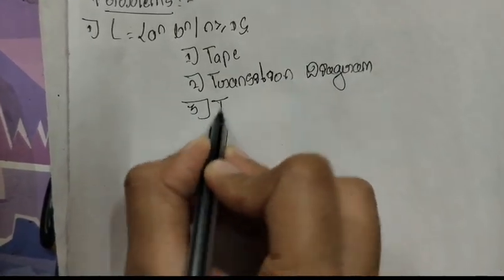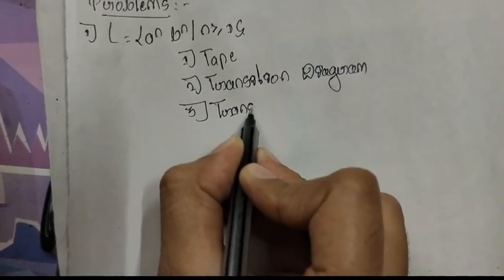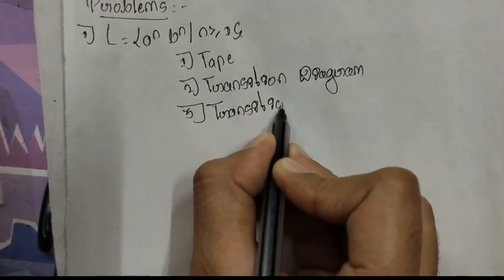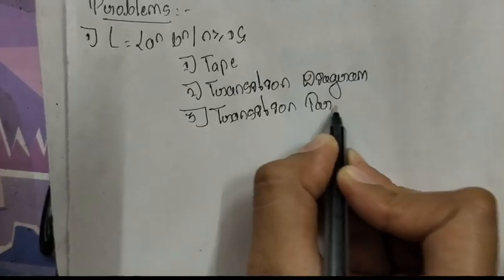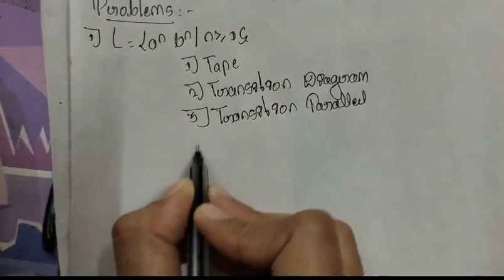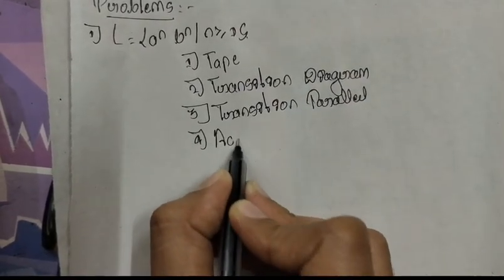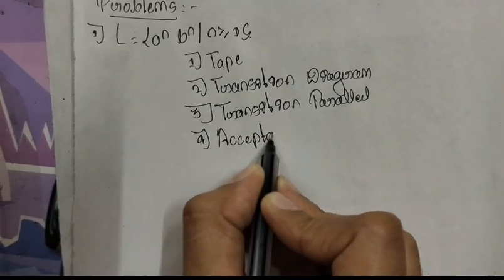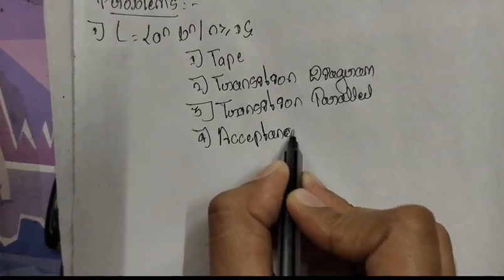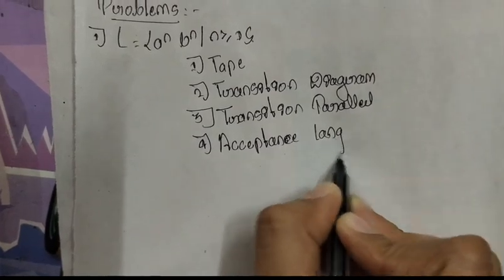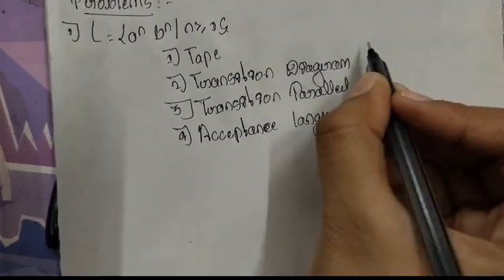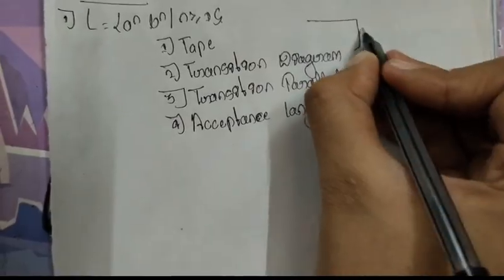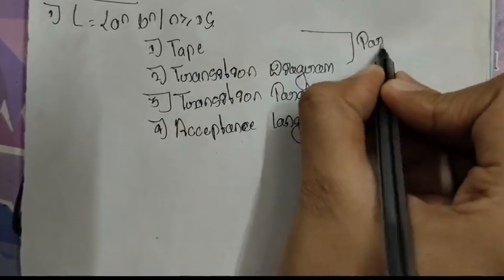Third one is the transition table. Fourth one is the acceptance language. These two steps are performed parallelly.